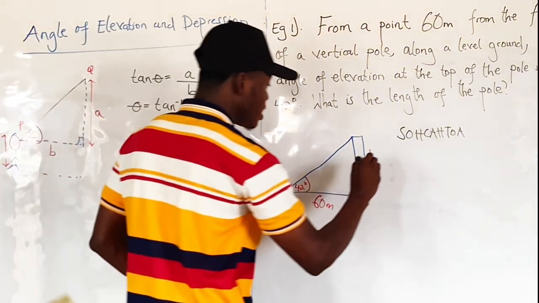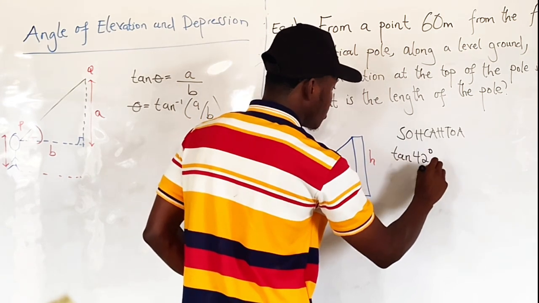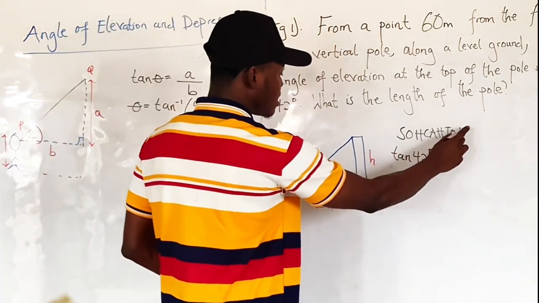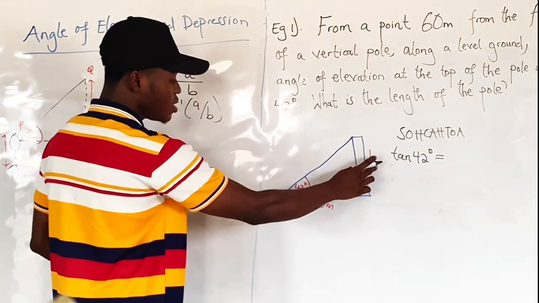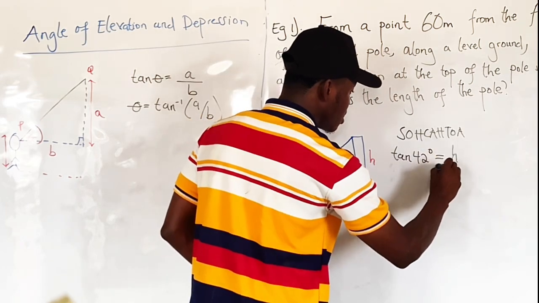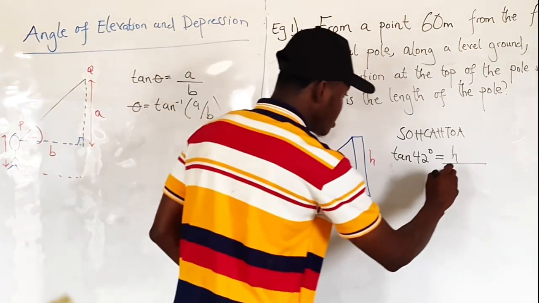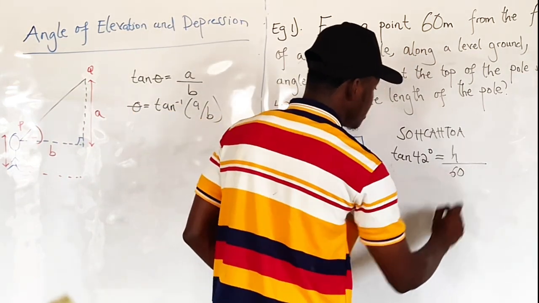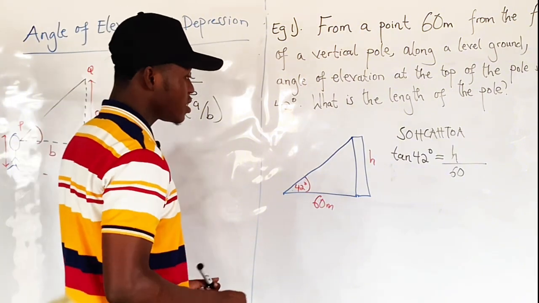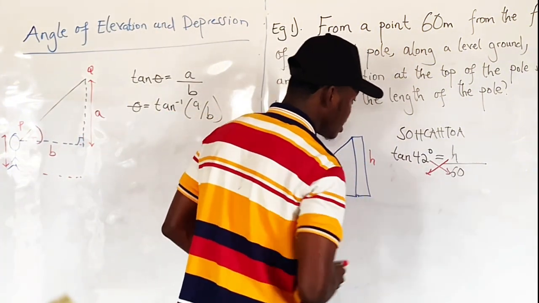So from here, tan of the angle 42 is equal to, tan is opposite over adjacent. Here is opposite to the angle 42. So it will be equal to h over the adjacent, which is now 60 meters. Now to solve for h, we all know we will first cross multiply or make h the subject.